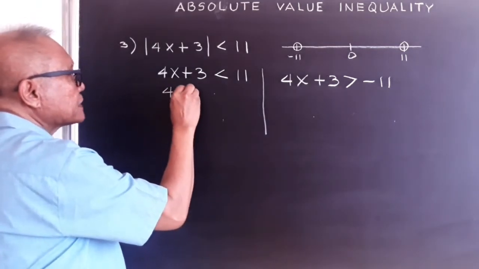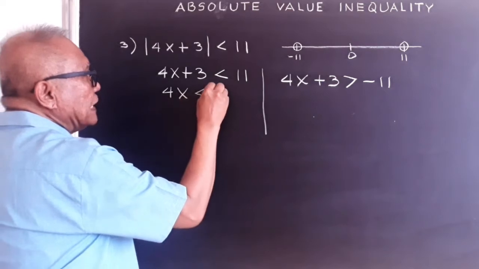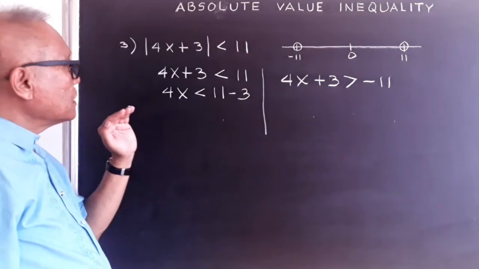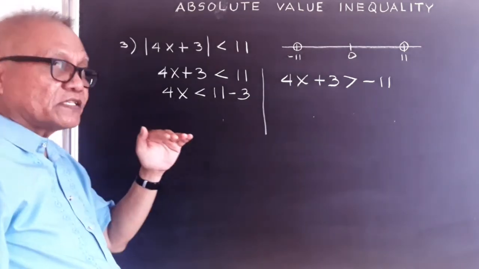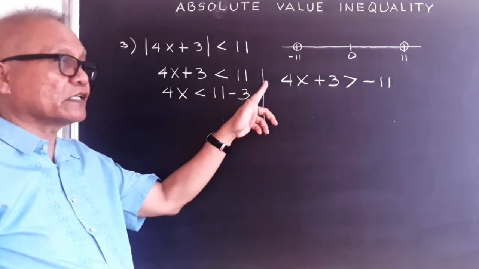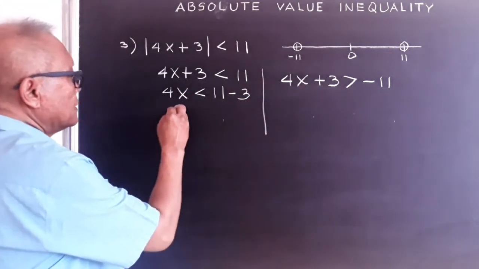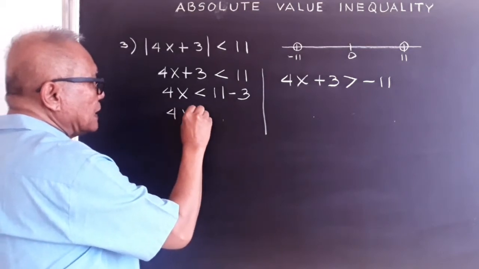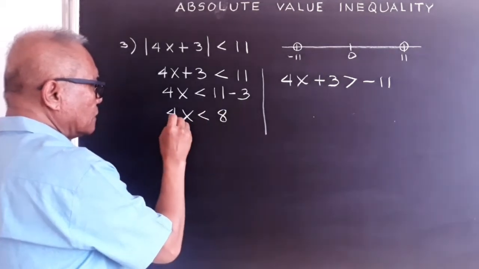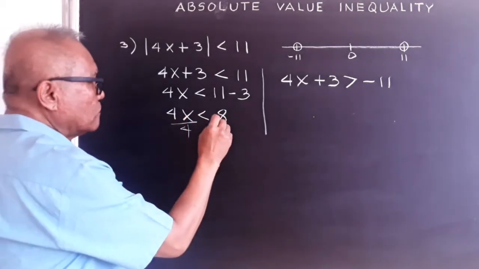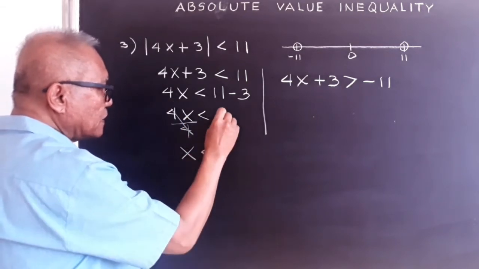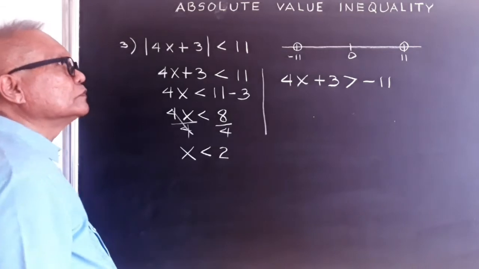We have 4x less than 11 minus 3. It's the same thing as solving a linear equation. We subtract 3, we subtract 3 also on the other side. So here we have 4x less than 11 minus 3 is 8, over 4, over 4 cancel. X is less than 8 over 4 is 2.